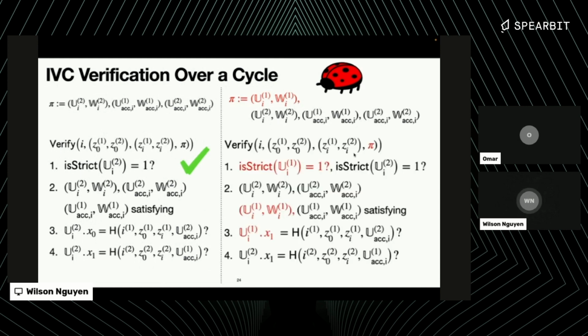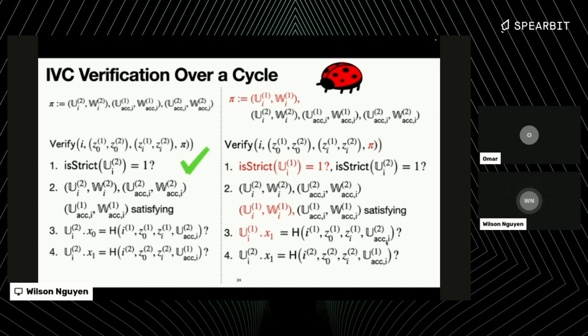It checked that this additional pair was strict. It checked that this additional pair was satisfying. But now this is the subtle change that caused everything to be vulnerable. Instead of checking the x0 hash for the secondary instance, it checked that the x1 hash of the primary instance was equal to that same hash.